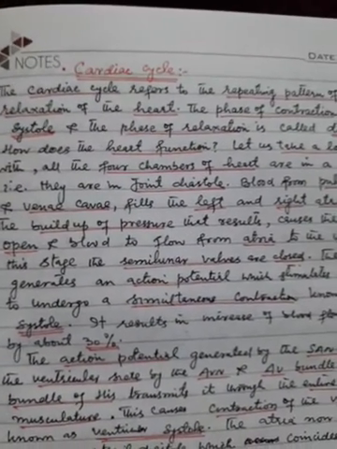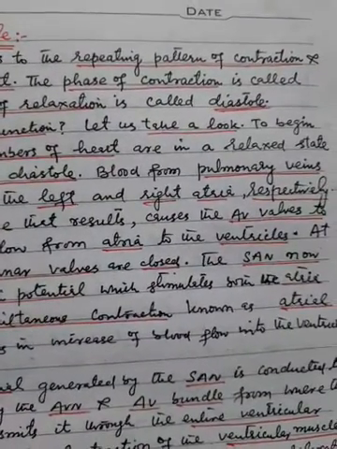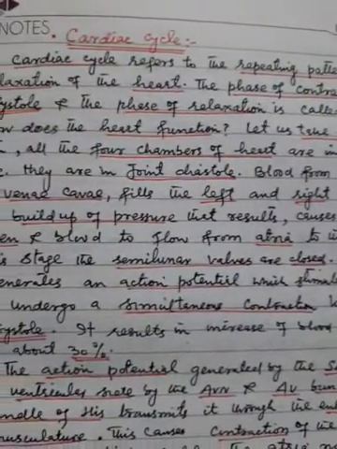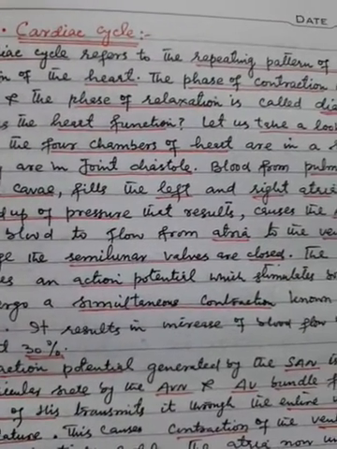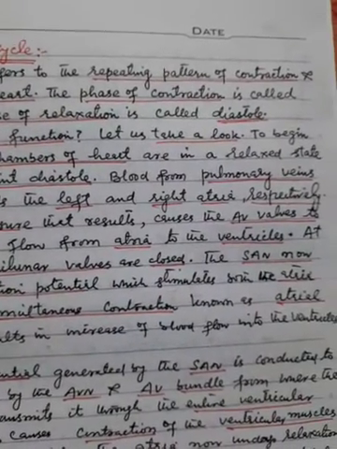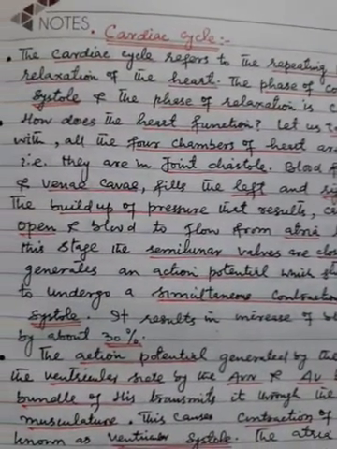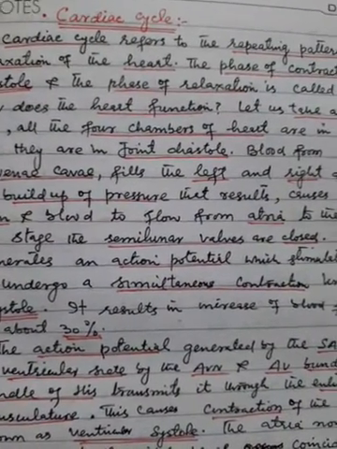How does the heart function? Let us take a look. To begin with, all four chambers of the heart are in a relaxed state, that is, they are in joint diastole.